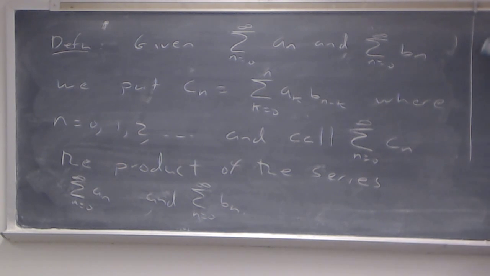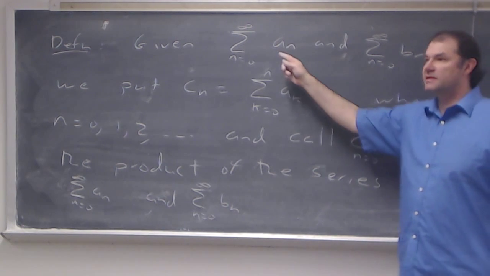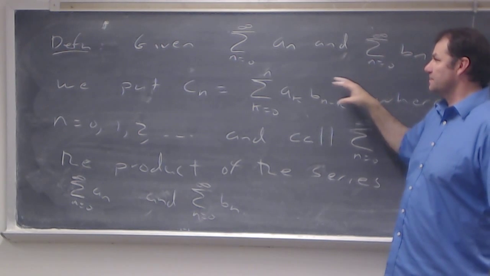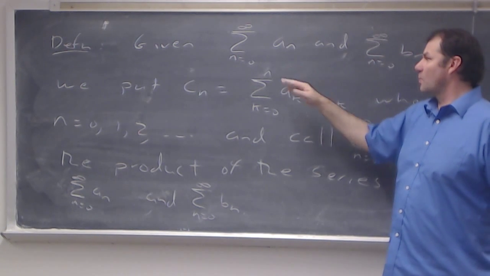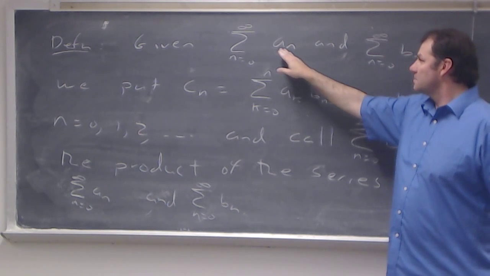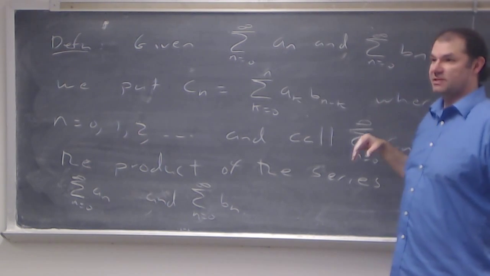Let's look at an example. Before I go to looking at the example, I want to tell you, if you took this series and just multiplied it by this series, term by term, one way of looking at it is you'd have a sub 1 times this series plus a sub 2 times this series.